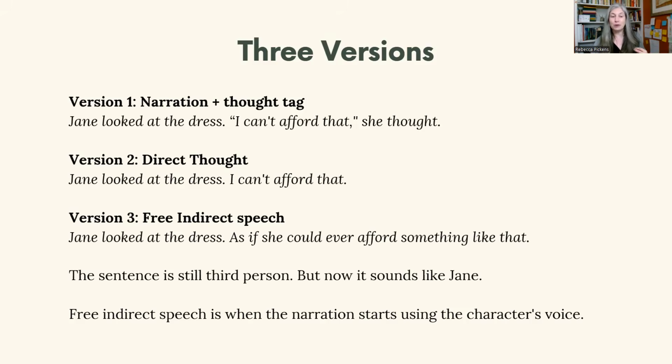In version three, where we are using free indirect speech, we are hearing those words as they would sound coming from Jane. Free indirect speech is when the narration gets woven in with the character's voice, maintains third person POV, but establishes that voicey sound that makes us feel connected to a character.